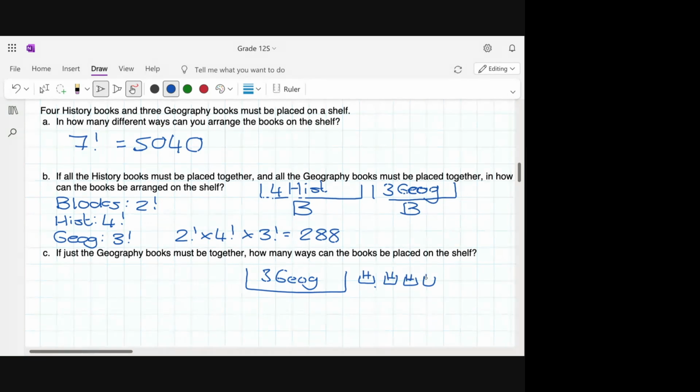History, history, history, history. Block, block, block, block, block. Blocks. How many blocks do I have? I've got 1, 2, 3, 4, 5 blocks. Within the first block, I see I've got geography.